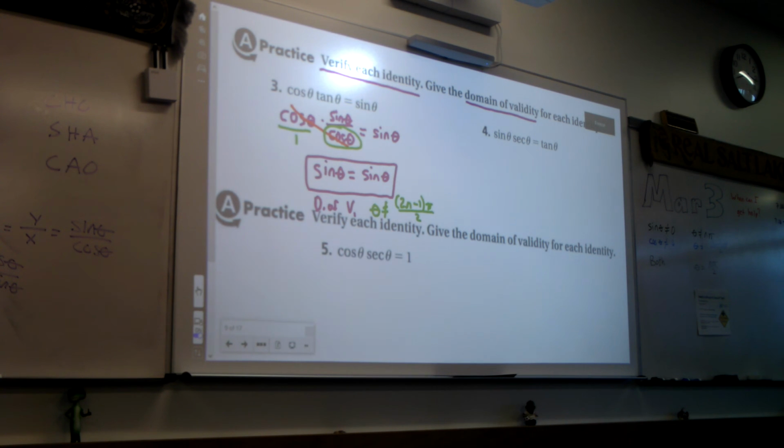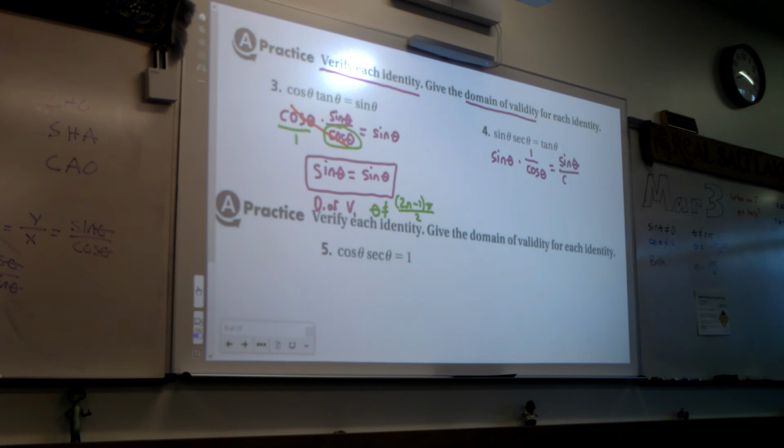Hiram's going to take number 4. So Hiram, walk me through how you did number 4. So I changed secant to 1 over cosine. And then I changed tangent to sine over cosine.